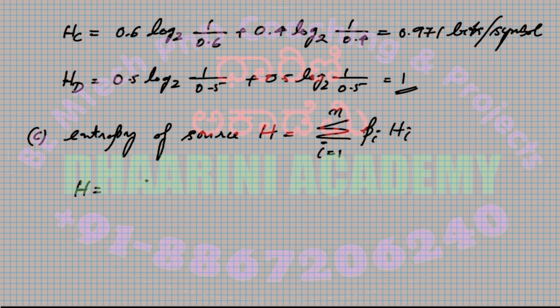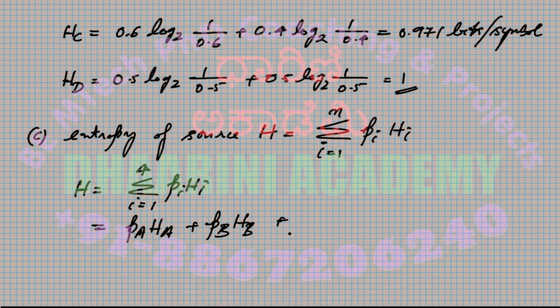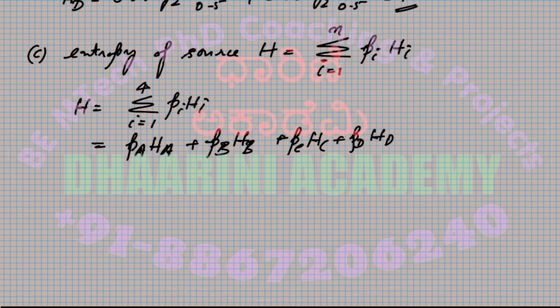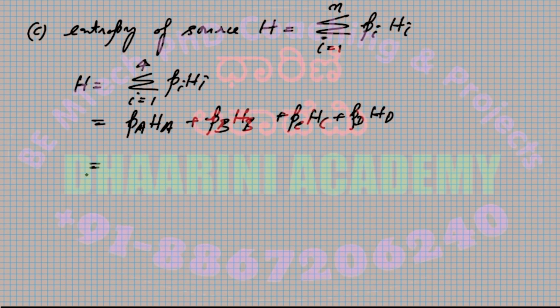So H is equal to, in this case, i varying from 1 to 4, every probability of a state into its entropy. So it's like PA HA plus PB HB plus PC HC plus PD HD. Every value we have already calculated. Let's simply substitute that, right?